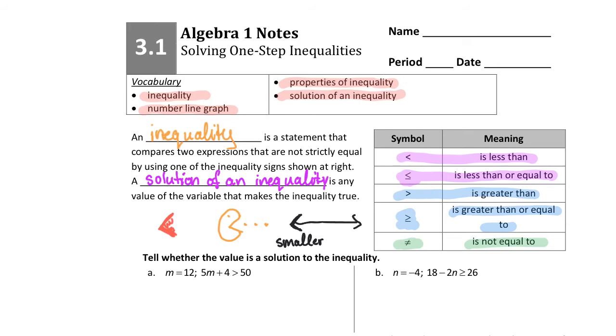It points to the smaller or the lesser numbers on the number line. And this is the greater than symbol. It points to the bigger or the greater numbers on the number line. So rather than trying to remember something cute like a Pac-Man or an alligator, just remember which way the arrow points. If it points to smaller numbers, it's less than. If it points to bigger numbers, it's greater than.